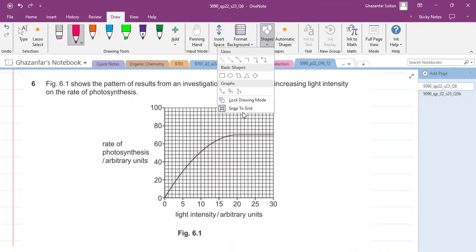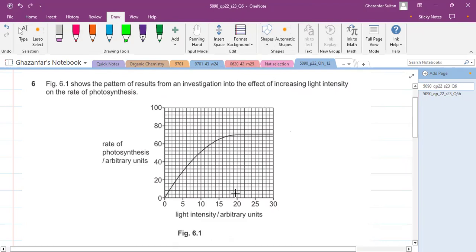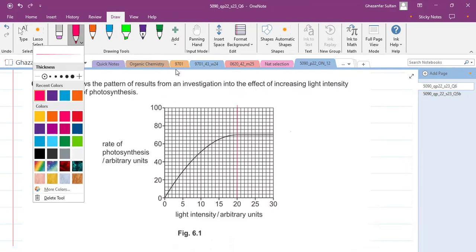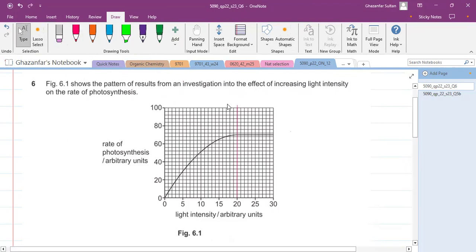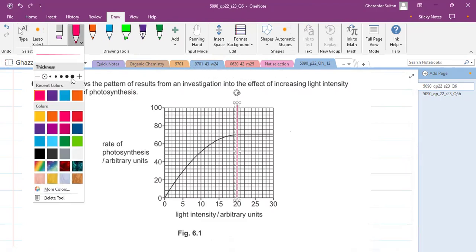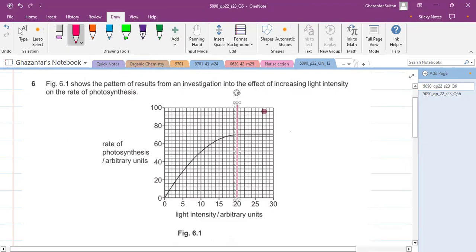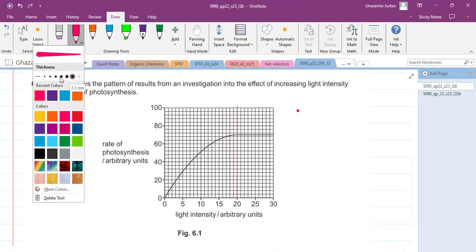From here, if you see, at about 19 or 20, from 20, let me do it a little bit thick. So you can see here that the line, here, this is on 20.